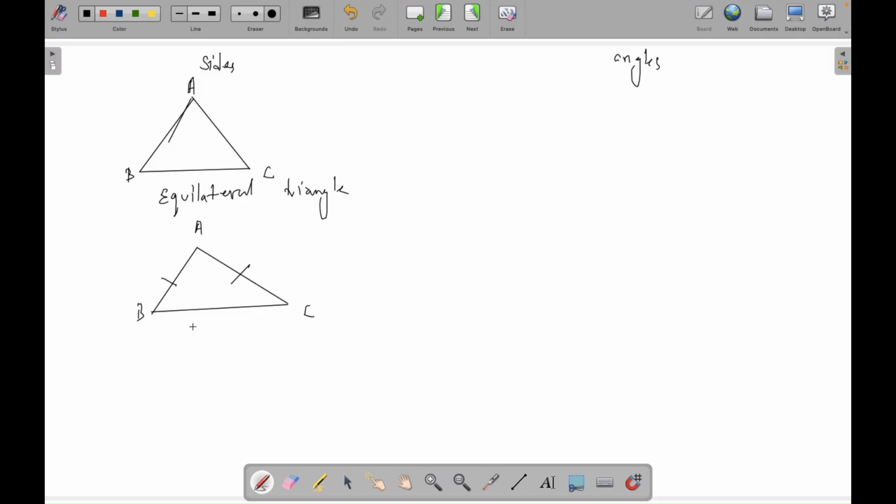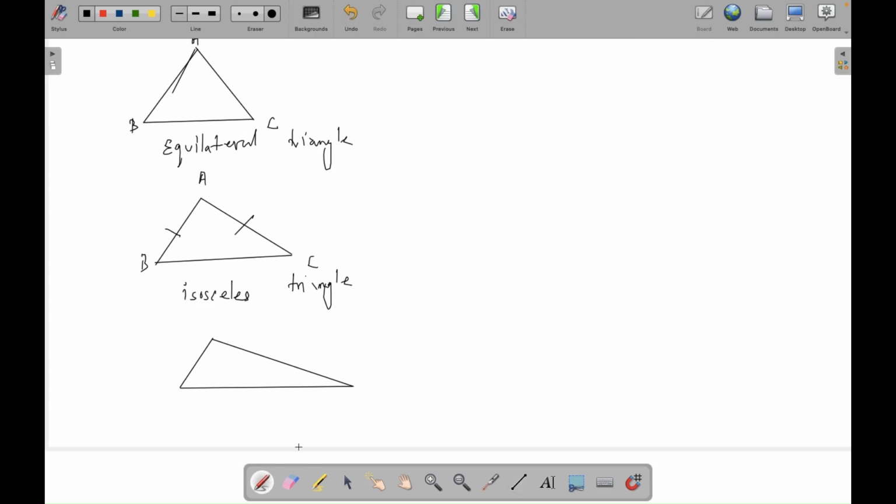Such a triangle, wherein only two sides are equal, is known as isosceles. Then you have the third type of triangle wherein no sides are equal, like this. In this triangle, you don't have any side that is equal, so this is known as a scalene triangle.